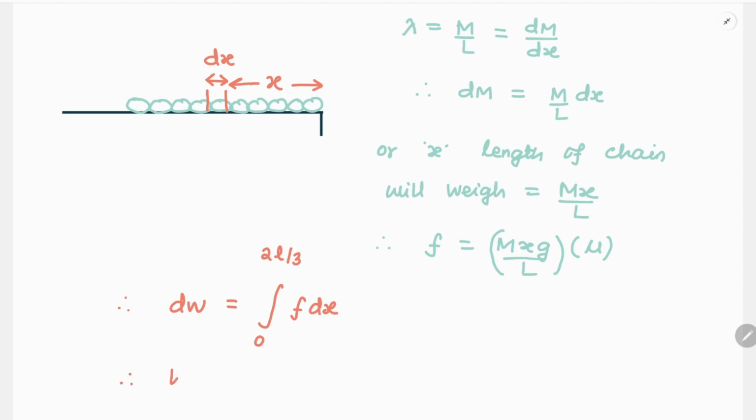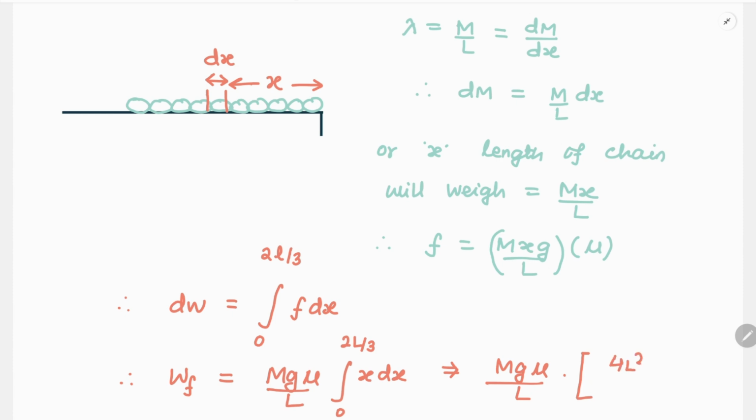So therefore work done by frictional force equals mg mu by l integration x dx from 0 to 2l/3. So we solve this to obtain l square by 2, 4l square by 9 by 2. So this is the aspect that we have.